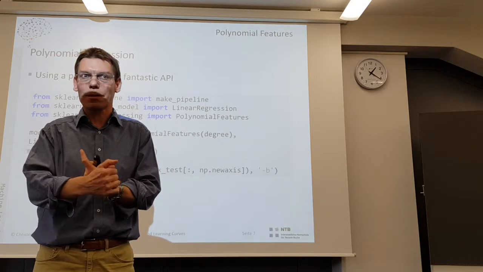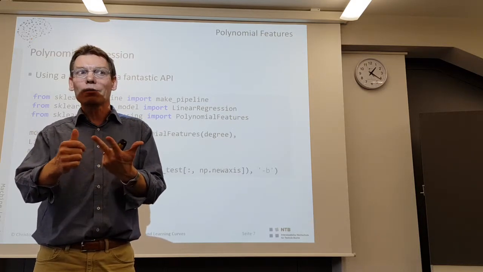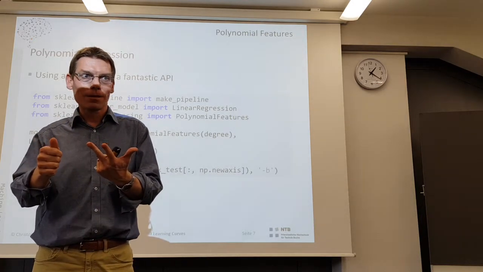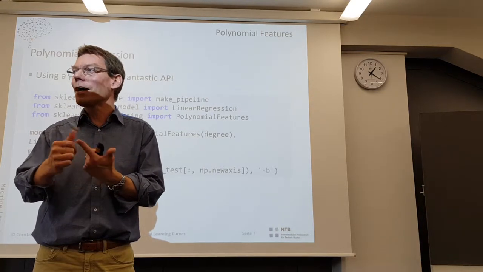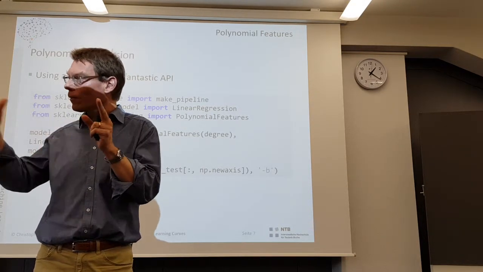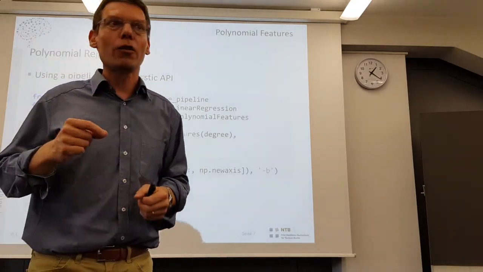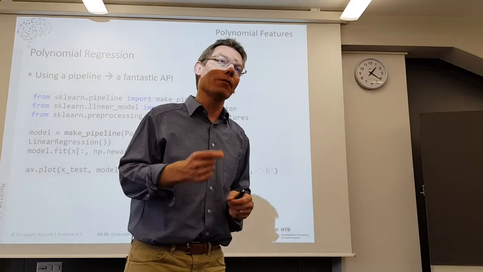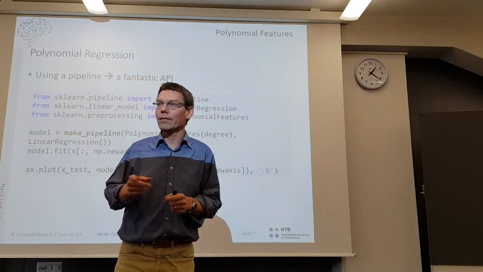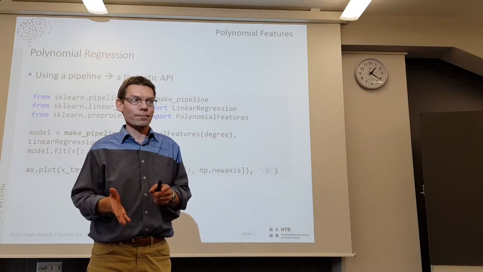We get the length itself, we get the height. Then we get the product of height and length. We get length squared and height squared. So it generates all these columns. It's a way to generate features out of given features, which are linearly independent of the given features, because a square is not linearly dependent on an x.